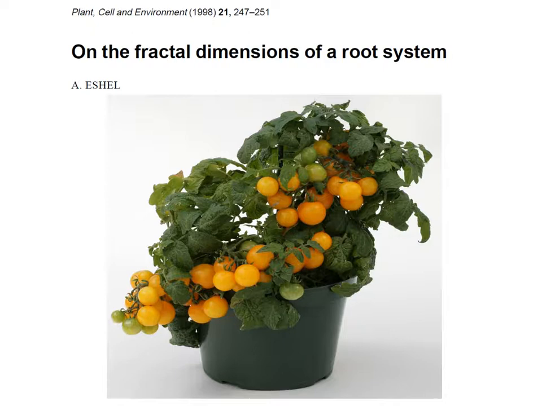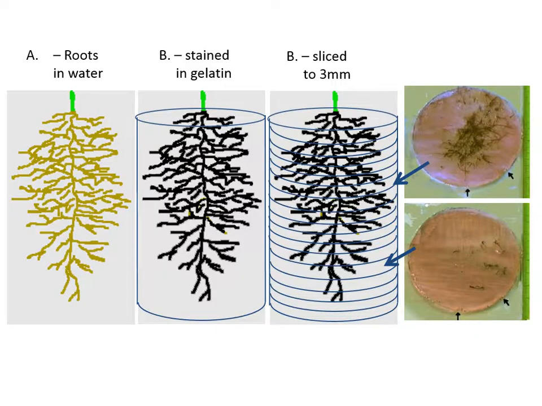I took advantage of the fact that these dwarf tomatoes have dwarf root systems and very stiff ones. You can put them in water and they don't droop. They keep their own positions of all the roots.